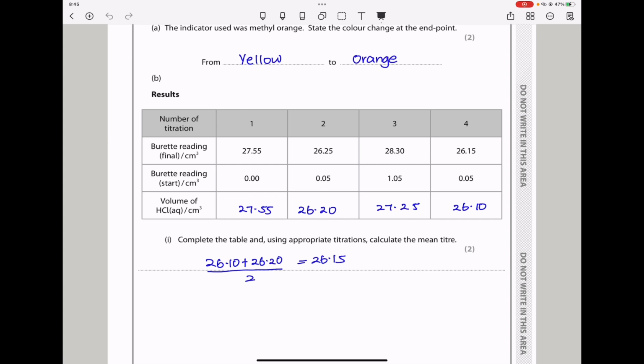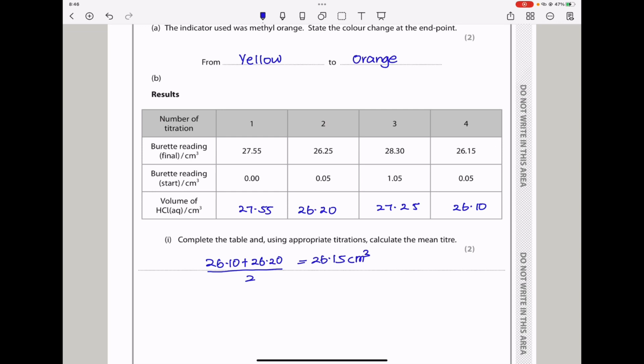The only concordant results were these two. To be concordant means to be within plus or minus 0.2 of each other. So it's only these two that were in that range. I calculated and divided by 2 to get 26.15 centimeters cubed, and let me write that as my mean titre.